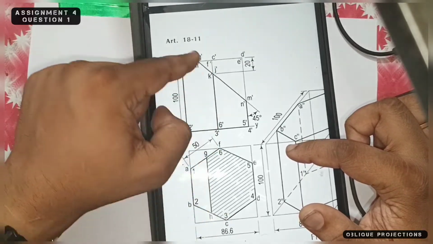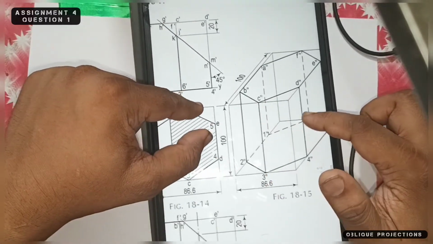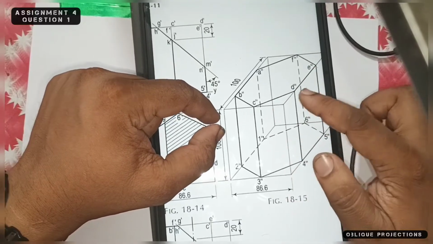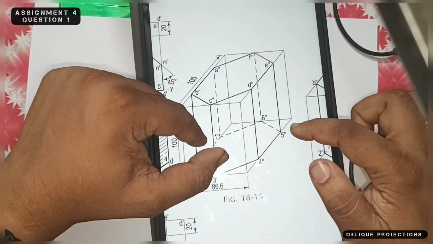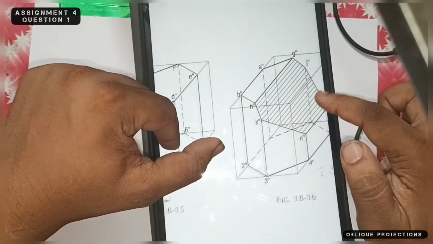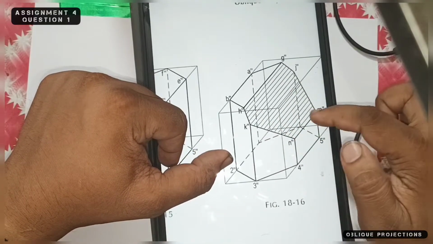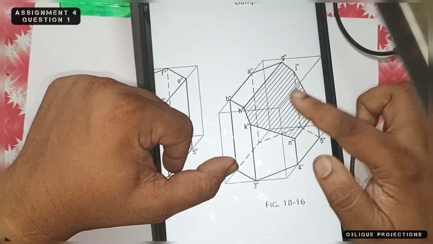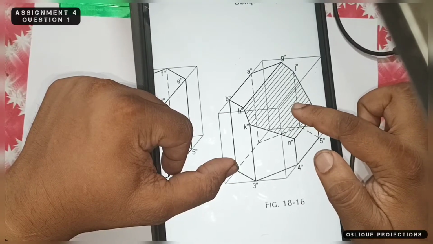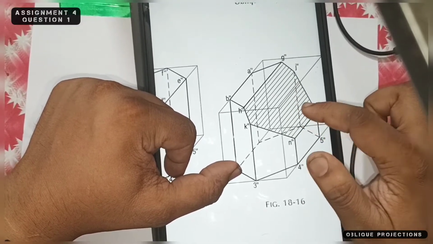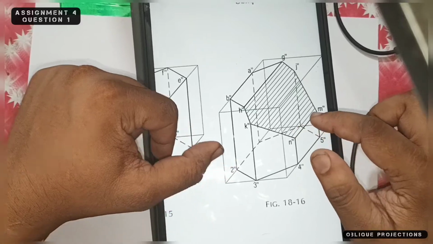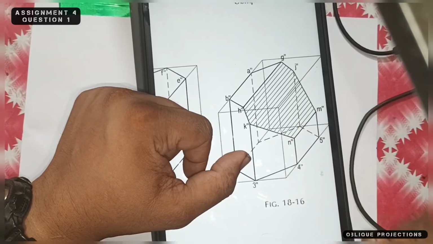You need to make this orthographic projection first, then you will draw this. I will explain how to draw this and this. This is the cross section view, the sectional view, and you need to draw the section also in this view.